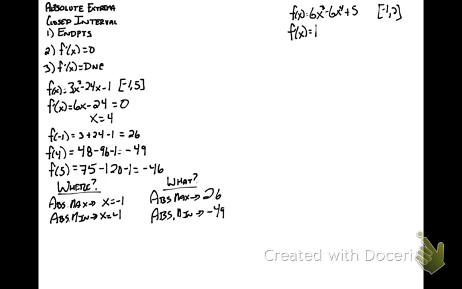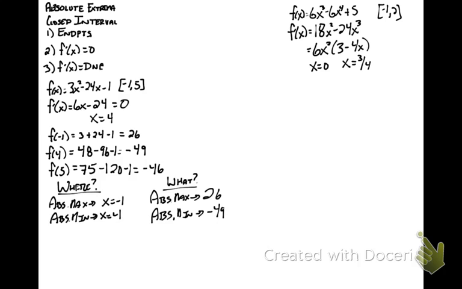Our derivative is 18x squared minus 24x cubed, and I'm going to factor this, and this will factor into 6x squared times 3 minus 4x. So the derivative will equal 0 when x equals 0 or when x equals 3/4.